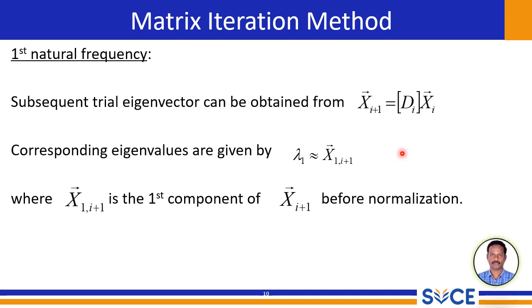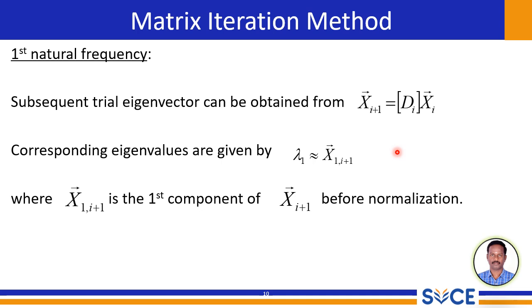After performing the first iteration, as we saw in the previous slide, we need to continue this process to get a more accurate result for the first natural frequency and mode shape.